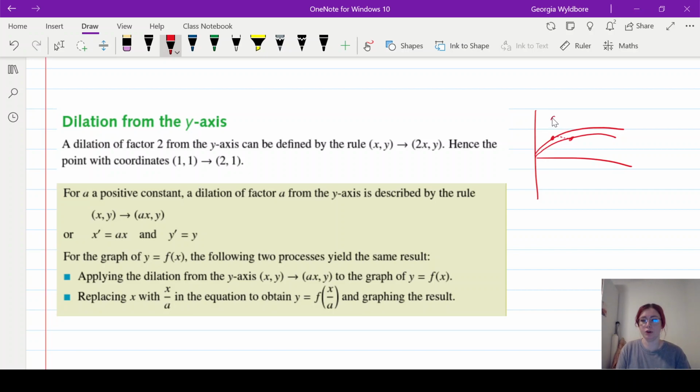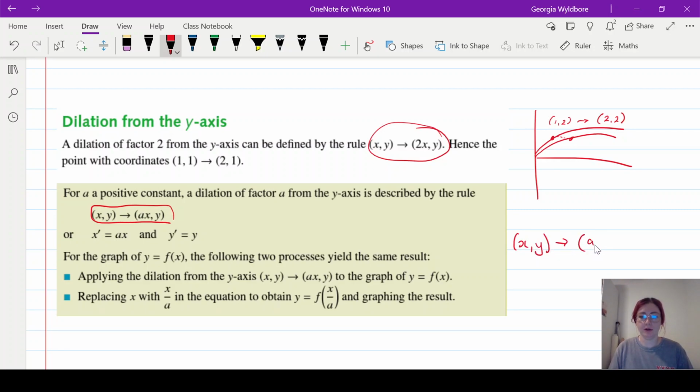So the point 1, 2 would actually map to the point 2, 2, because our rule is that x, y is going to map to 2x, y, because we're dilating from the y-axis, so our factor applies to the x coordinate. So our rule is that x, y maps to ax, y. So if you're dilating in both the x and y, then you would have x, y mapping to ax, by.